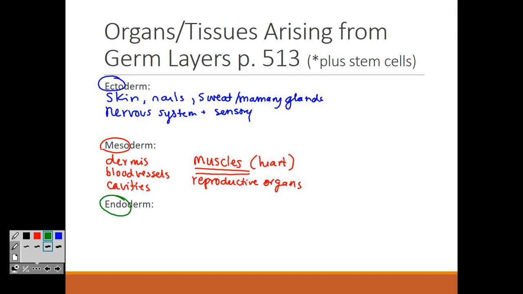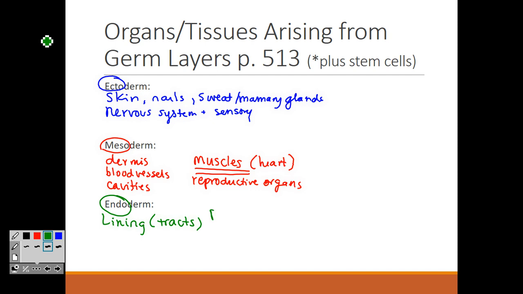Now, if we consider endoderm, endo meaning inside, we would expect the lining of a lot of different body parts to be made of endoderm. So anywhere you have a tract, like your respiratory tract or your digestive tract, that has a lining on the inside of it, that would come from the endoderm.